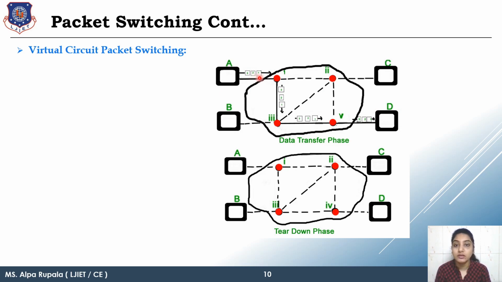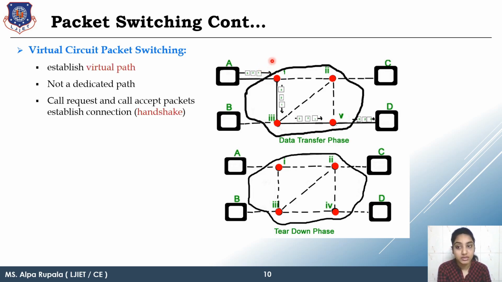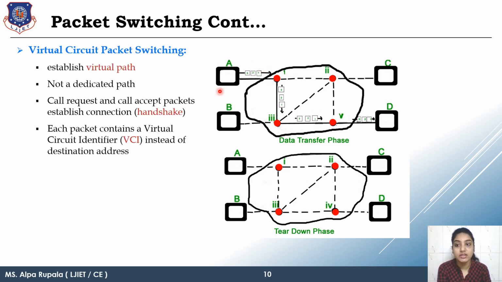Now we give the sequence number to the packets, but instead of adding the source and destination address to the data packet, in virtual circuit we add a virtual circuit identifier.